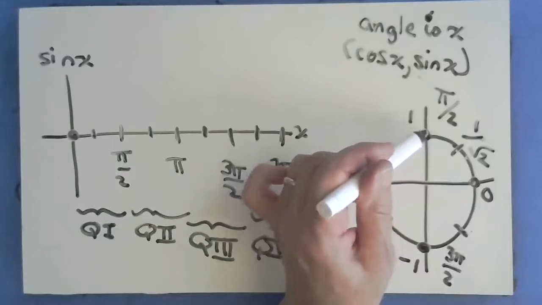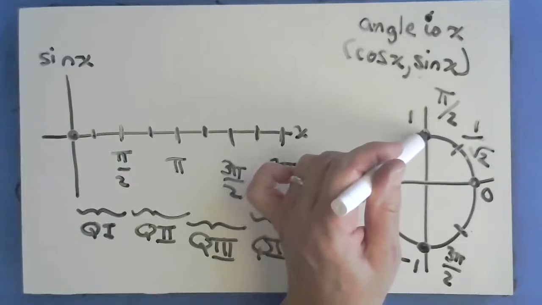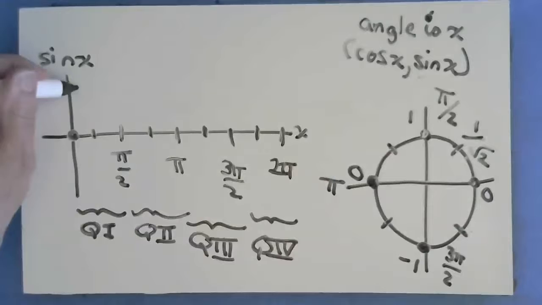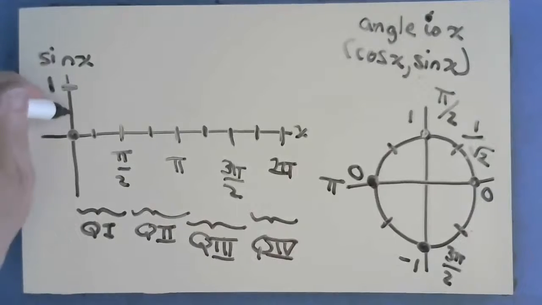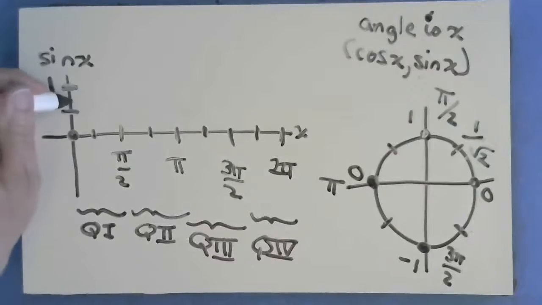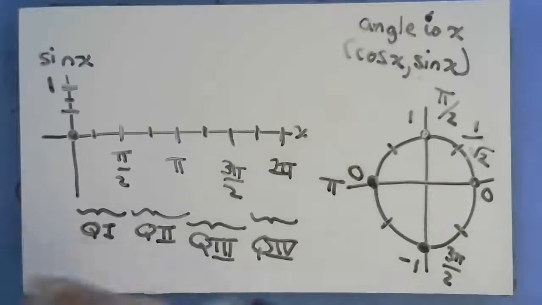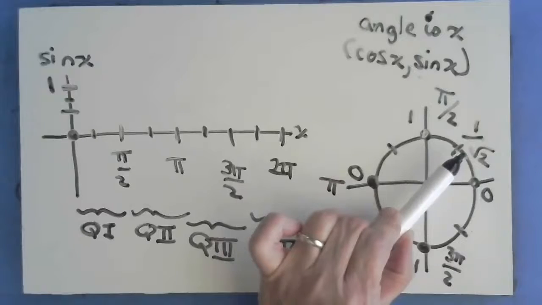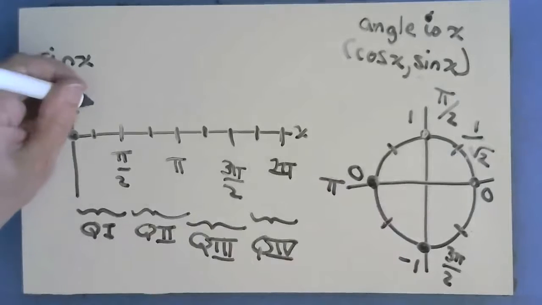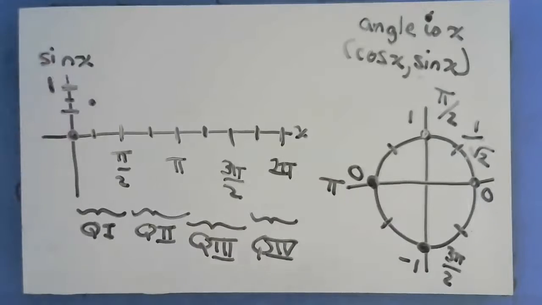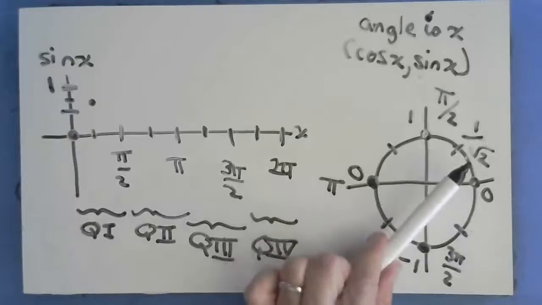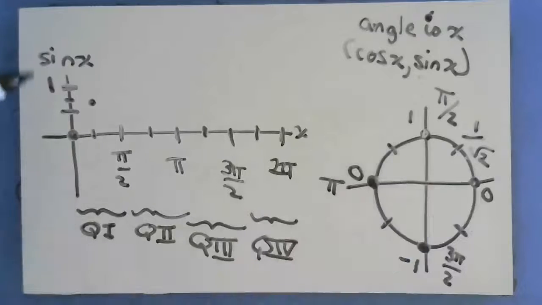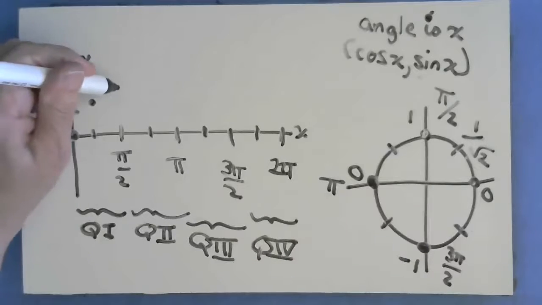This is the largest the y-coordinate will ever be, which means 1. So here's 1. And so that means that here is 0.5, there's about 0.75. So when we sweep from 0 to pi over 4, then our 0.7 is about there. And then we sweep from pi over 4 to pi over 2, we jump right up to 1.